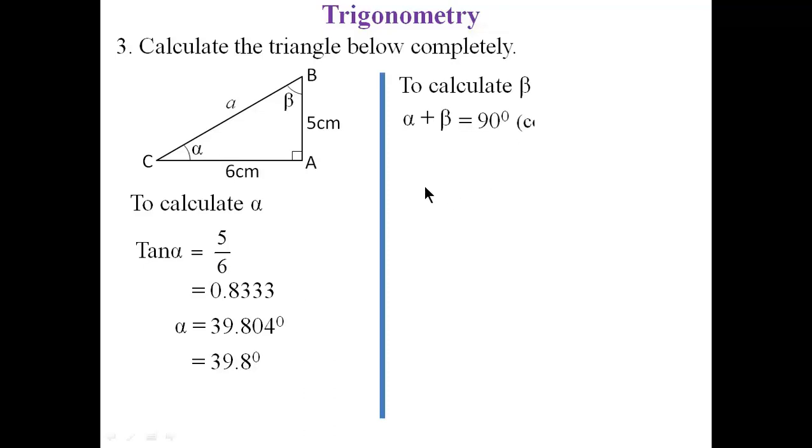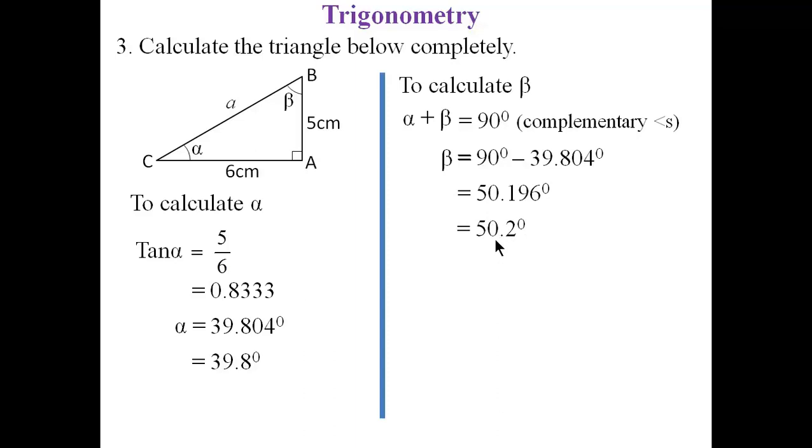So from here, beta will be equal to 90 degrees minus 39.804 degrees. I have told us earlier, you don't use the approximated value in calculation. We use the unapproximated value. So from here we have beta is equal to 50.196, and to 3 significant figures I have 50.2 degrees.